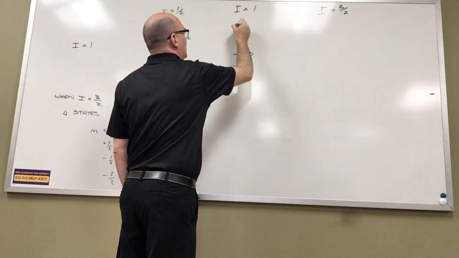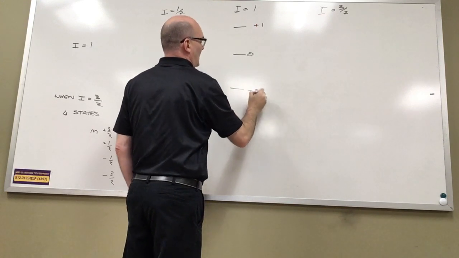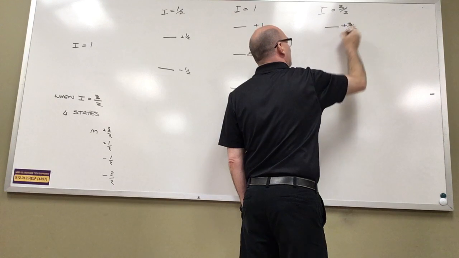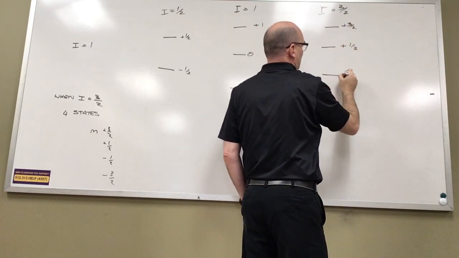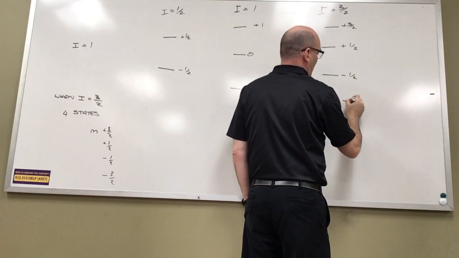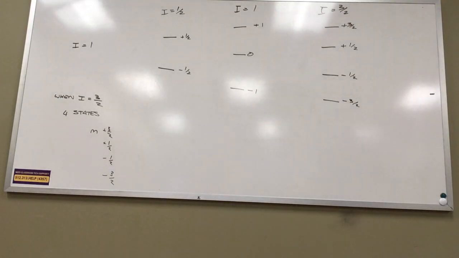I have 1, I have a 0, plus 1, and minus 1, and then I have I as 3 over 2, plus 3 over 2, plus a half, minus a half, and minus 3 over 2. The energy gap between each and every one of those turns out to be the same number.